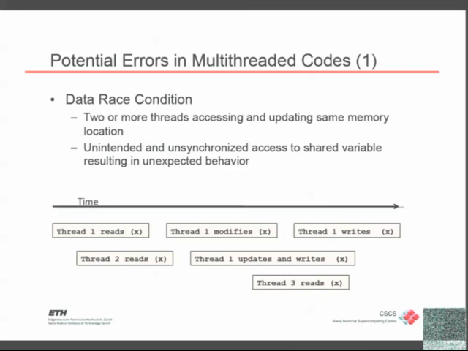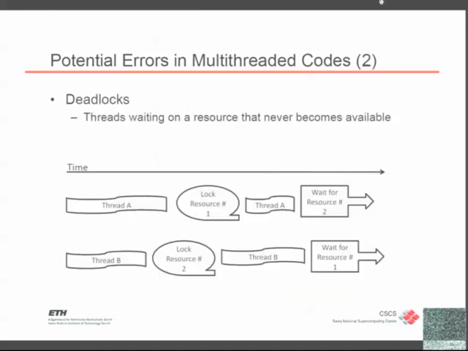Typically if there is a shared variable, you may not want to access it like that. Sometimes your code would run just fine, and sometimes it would produce different results, and you can see some arbitrary behavior if you run into this data race condition.